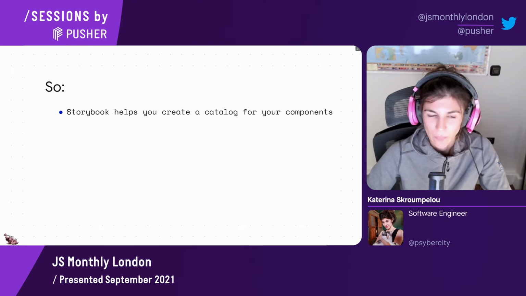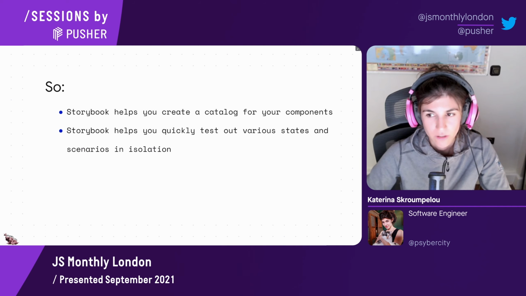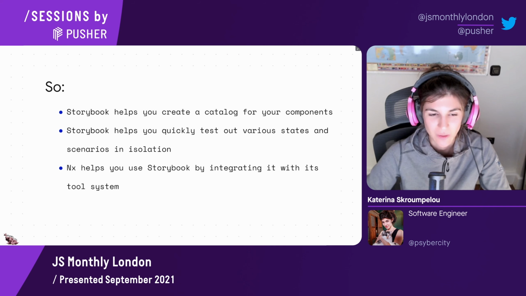So to wrap up quickly, I really hope you were excited by this presentation. So by this demo, actually, the presentation, the demo. So to sum up, Storybook helps you create a catalog for your components, to put it simply. But not only that. Storybook also helps you quickly test out various states and scenarios in isolation.